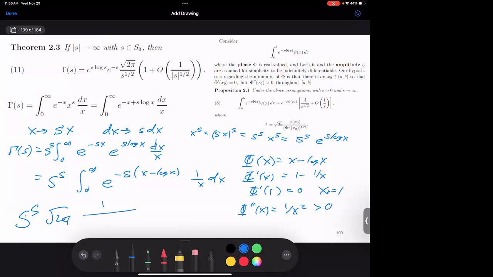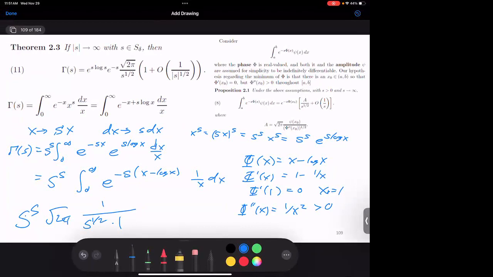And then we have to divide by s to the 1/2. So we would have an s to the 1/2. We have a phi double prime of x naught. What's phi double prime of x naught? That's going to just be a 1.